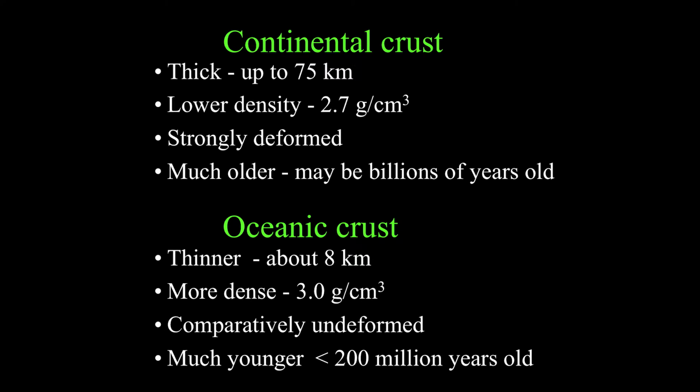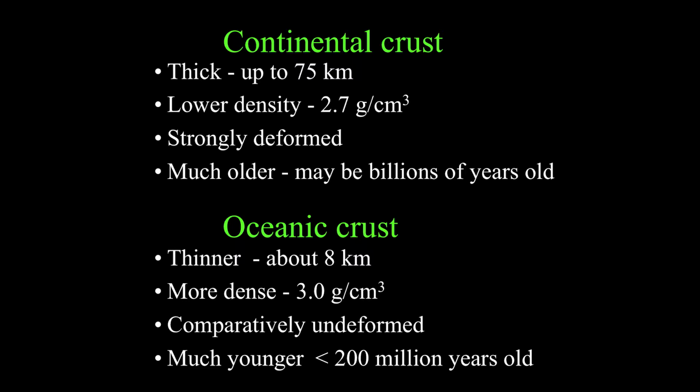Again, the continental crust is thick, up to 75 kilometers, with a mass density of about 2.7 grams per cubic centimeter. It is strongly deformed and quite old, maybe billions of years old.